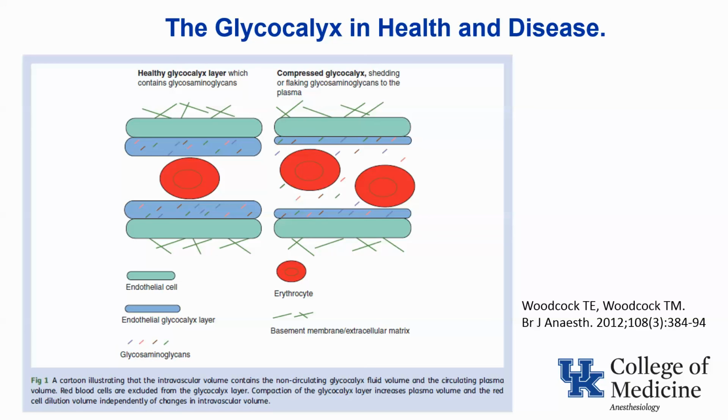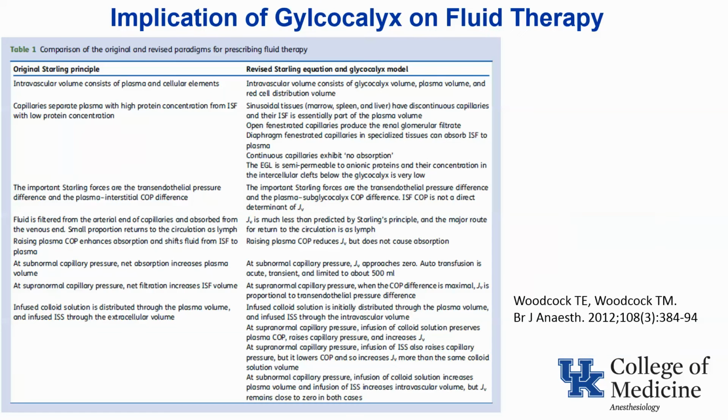These figures displaying normal and abnormal glycocalyx are from this review article by Woodcock. And finally, he has summarized the implications of these new concepts about the Starling hypothesis.